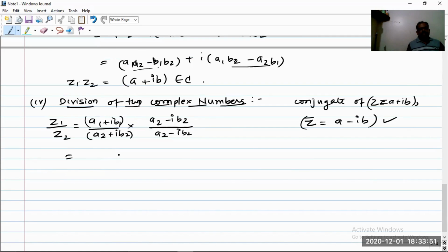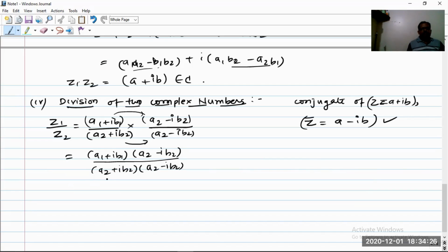So how can it be simplified? It is a product of two fractions, so we can just multiply numerator with numerator and denominator with denominator. In the numerator we have a1 plus ib1 multiplied by a2 minus ib2, and in the denominator we have a2 plus ib2 multiplied by a2 minus ib2.